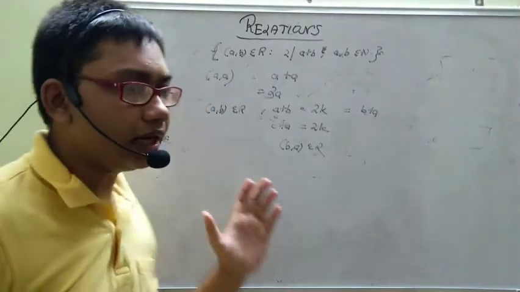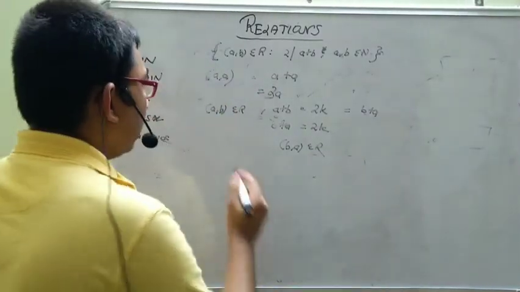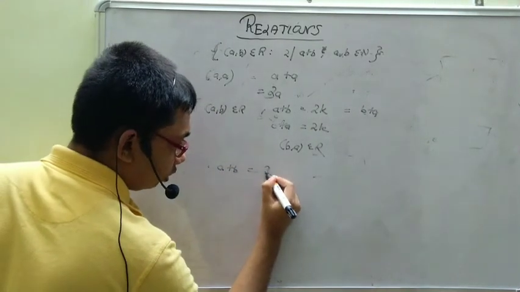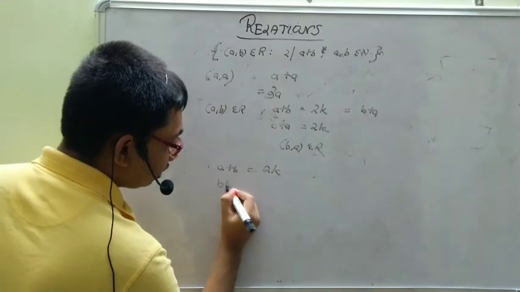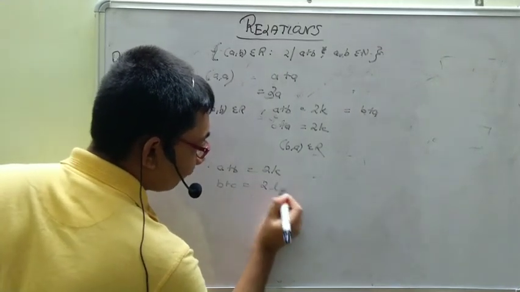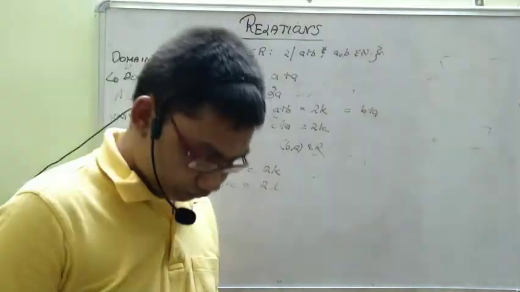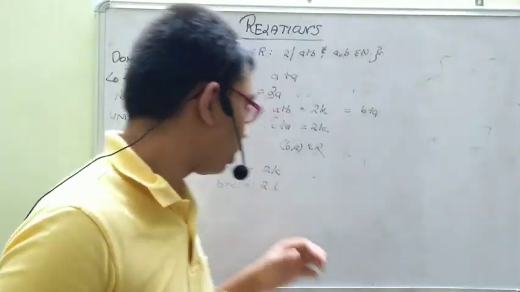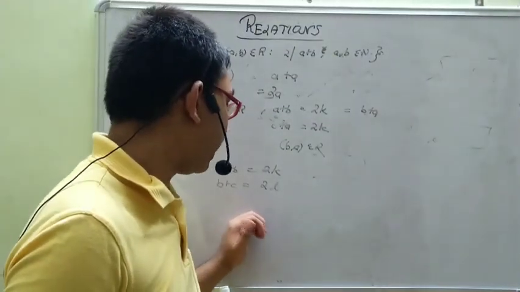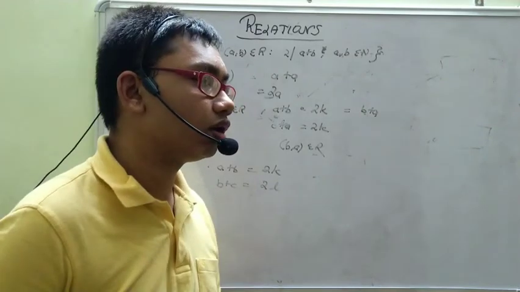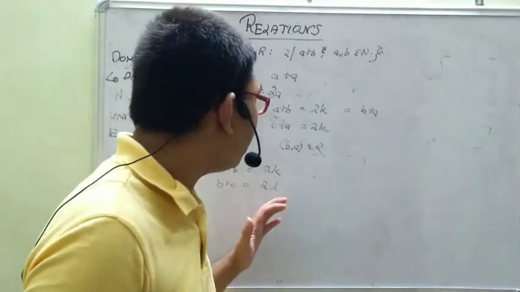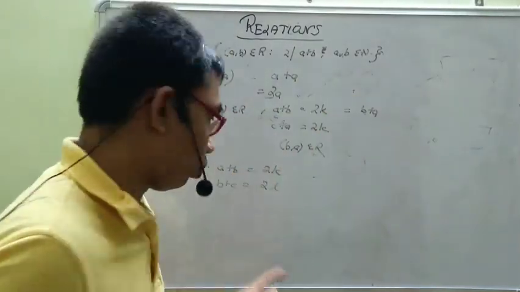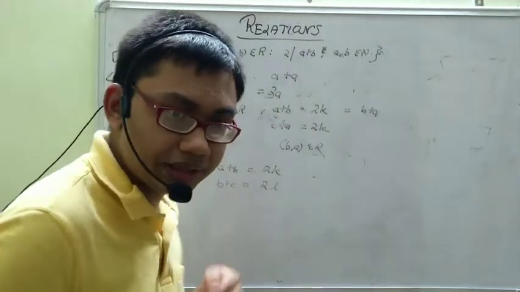Now, a related to b, b related to c. Then a plus b, let us say, is equal to 2k, and b plus c is equal to, let us say, 2l. a plus b is divisible by 2 and b plus c is also divisible by 2 because b and c are related.